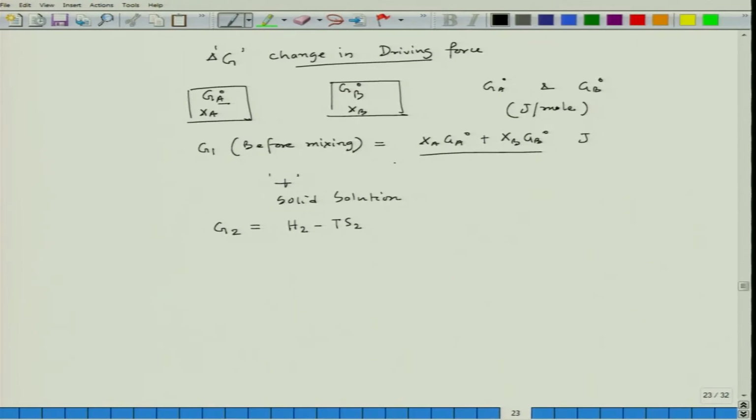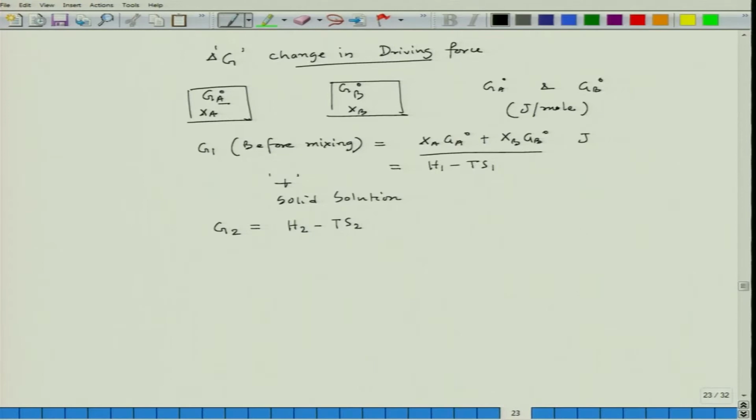And can we not also write it in the form H1 minus TS1, where H1 is the enthalpy before mixing of the total A and B, but they are separately considered, and the entropy of A and B separately.